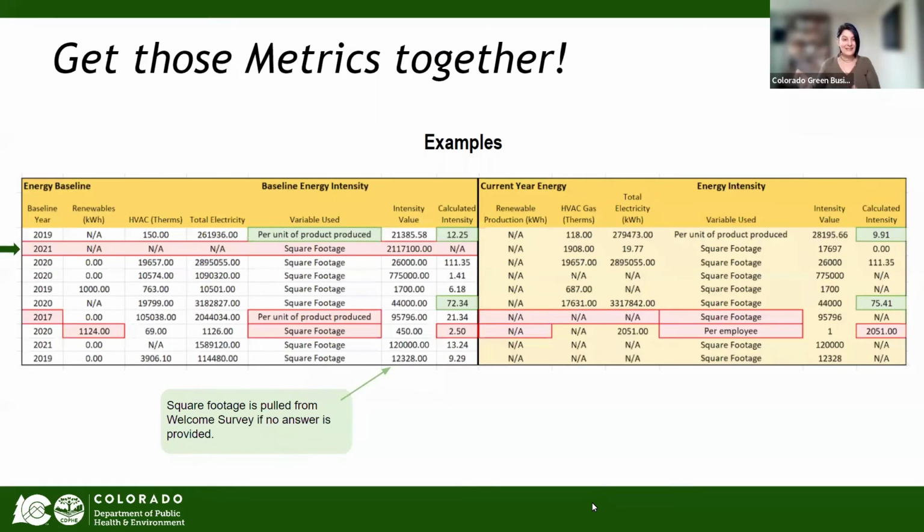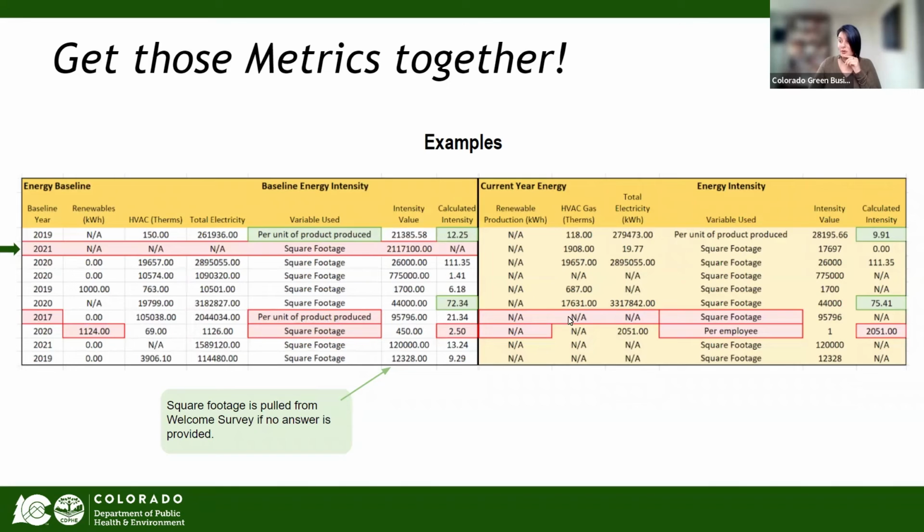A couple examples of the data that we see on our end, just so you have that to look at. You can see in places that we've highlighted in the red boxes here where we received data that either didn't make a lot of sense or that maybe didn't work for the business's advantage in the application. So in this line, you can see for the 2017 baseline year, we have a per unit of product produced metric.